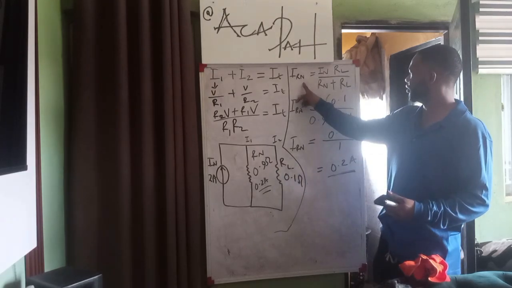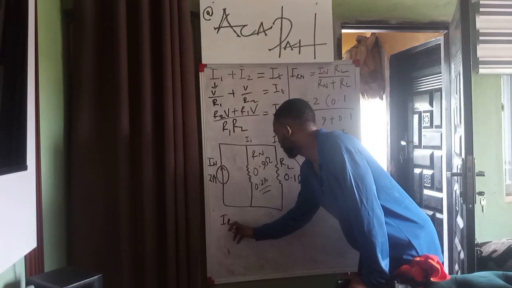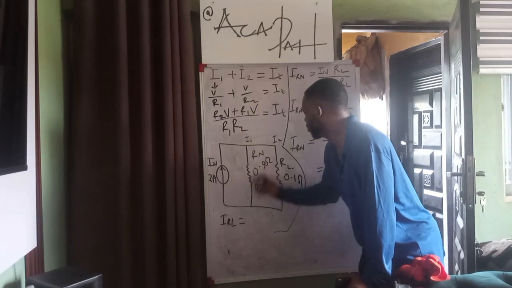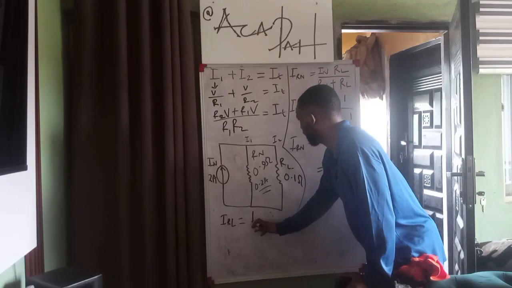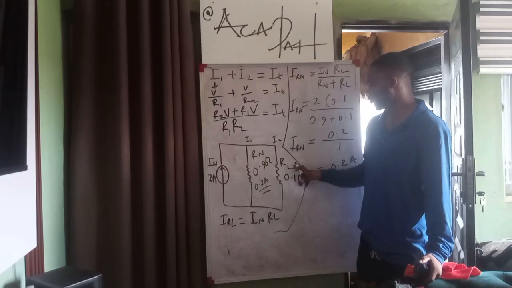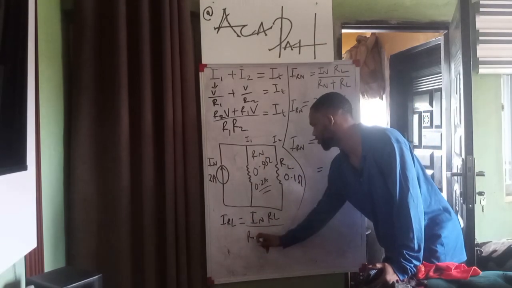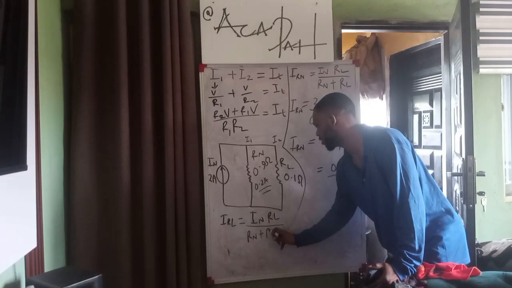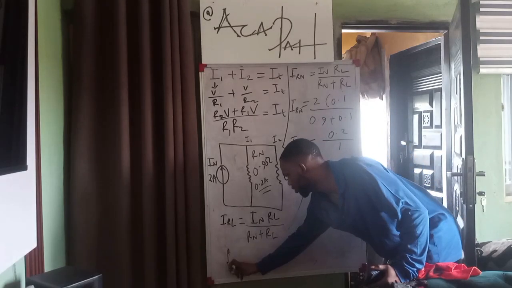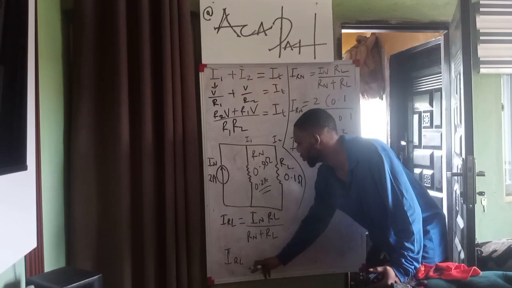So we'll go for Rn. The current in RL will simply be the total current In times the opposite resistor, then divided by the addition of the resistors, so Rn plus RL. This is the current in RLO, that is the load resistor.